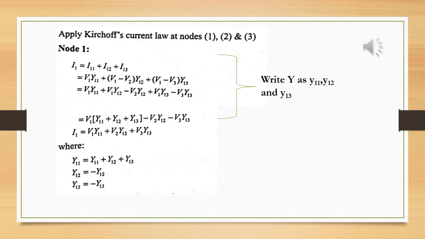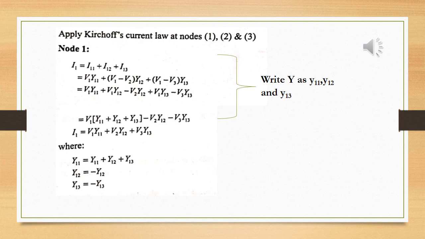Now we are just expanding the terms and rearranging with reference to V1, V2 and V3, grouping all the terms having the variables V1, V2 and V3. So I will get I1 is equal to V1 Y11 plus V2 Y12 plus V3 Y13. Here I made a small mistake: in the initial stage it should be small letter y11, y12, y13.